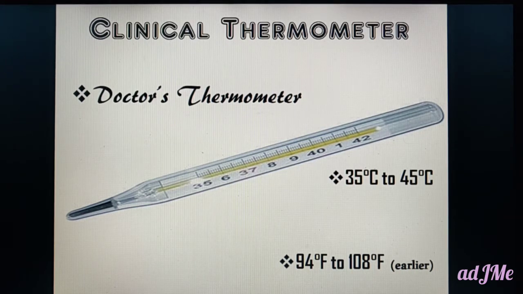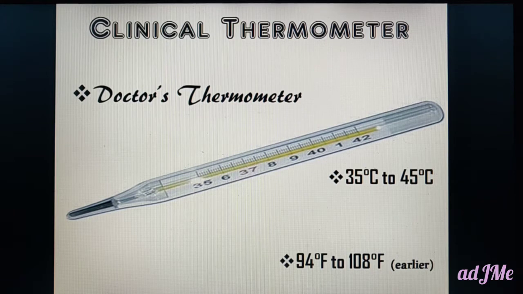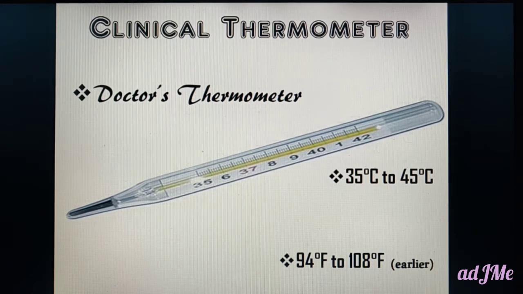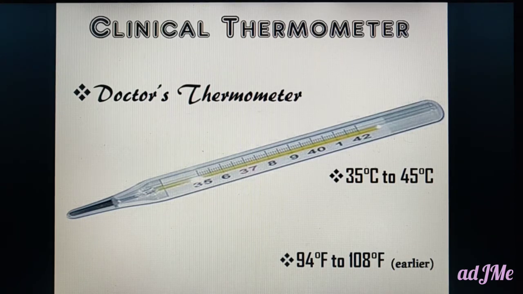So in females, instead of keeping inside the mouth, the thermometer can be placed in the elbow. These are the places where a doctor identifies the temperature of a person. But in case of animals, the best site of identifying the temperature of an animal is none other than the anus.